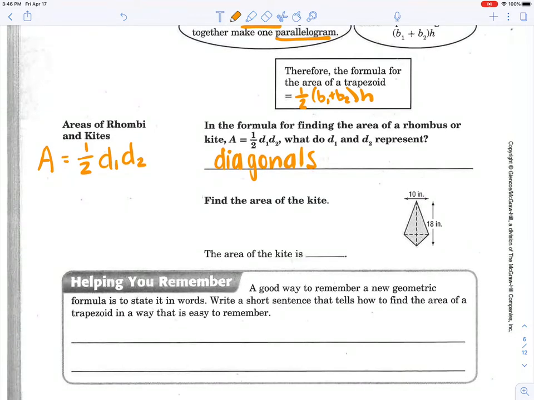So this picture gives me a kite, not a rhombus. So my area formula would be 1/2 the first diagonal, which is 10, times the second diagonal, which is 18. 18 times 10 is 180. Half of 180 would be 90. And I know because I'm talking about area, it's always in units squared.